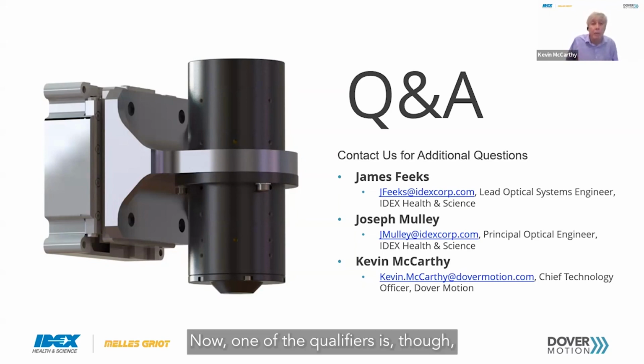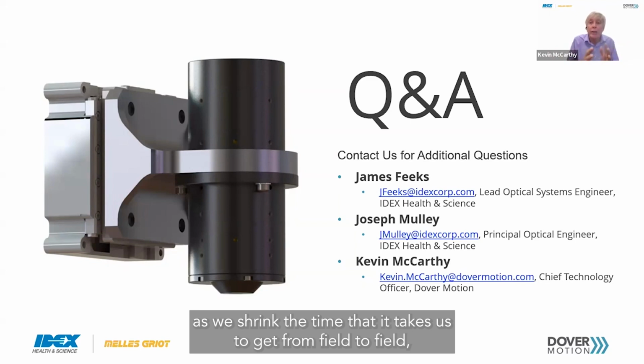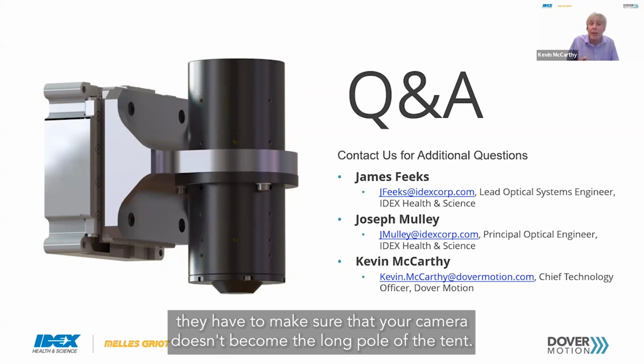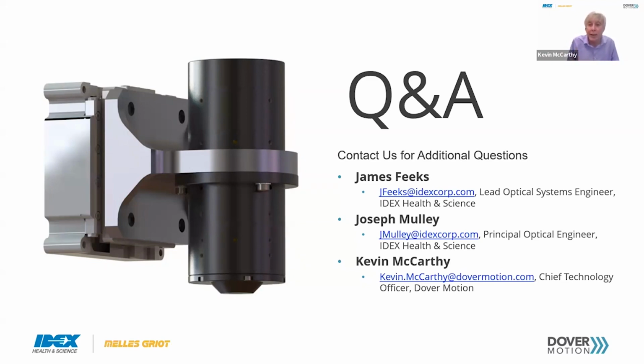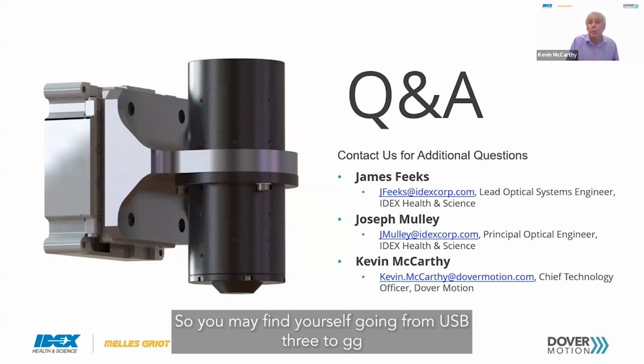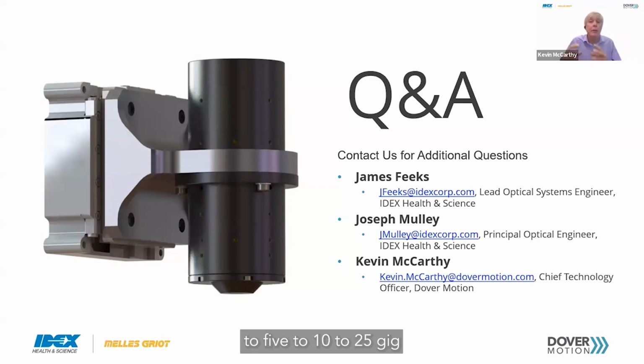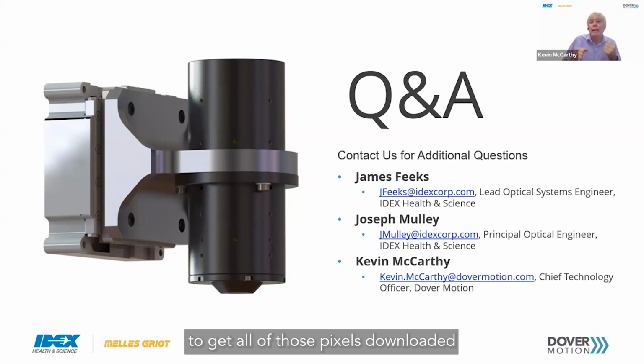One of the qualifiers is, as we shrink the time it takes to get from field to field, you have to make sure your camera doesn't become the long pole in the tent. So you may find yourself going from USB 3 to gig-E to 5 gig-E to 10 to 25 gig-E to get all of those pixels downloaded quickly enough before we're ready to make the next move.